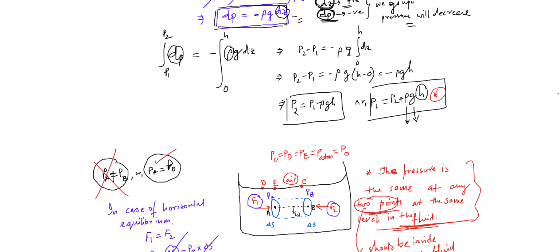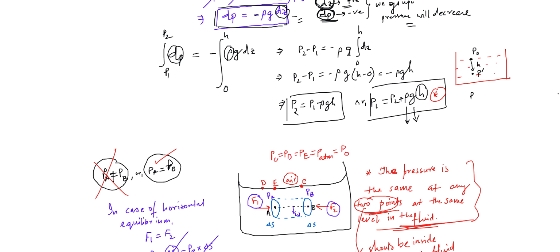If I consider one such case, suppose here is some container and we have some liquid inside. At the free surface, the pressure is P0. Now if I go down by depth H, at some point the pressure is, suppose, P dash. What will be the value of P dash?